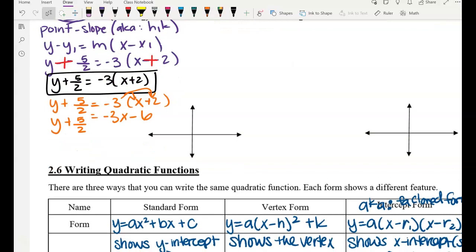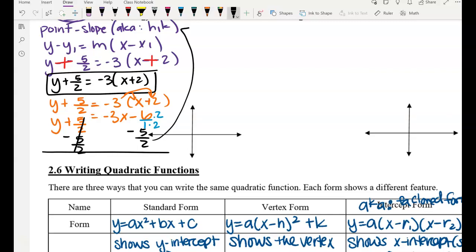Now we do need to move the 5/2 over, so we are going to subtract 5/2 from both sides. That will give us a common denominator. As you can see, this is the same as 6/1, so times it by 2. Okay, so that's going to move it over here.